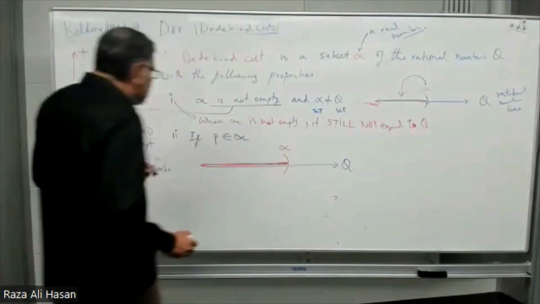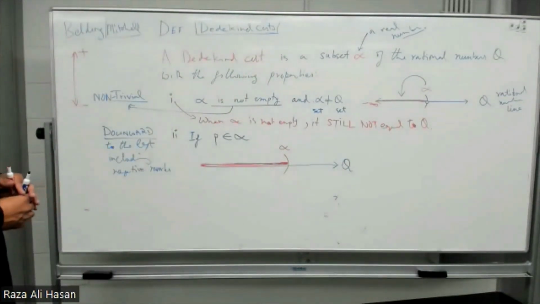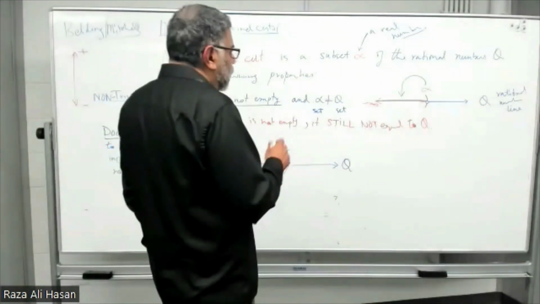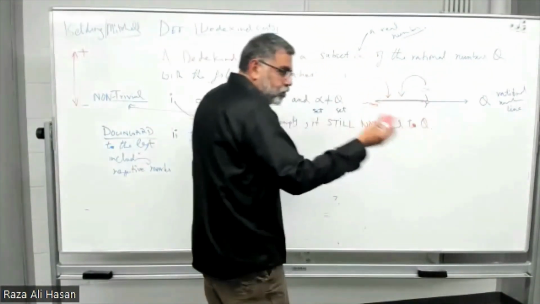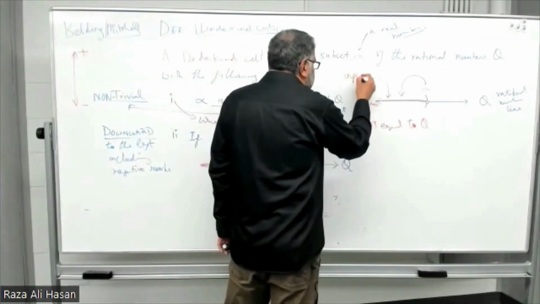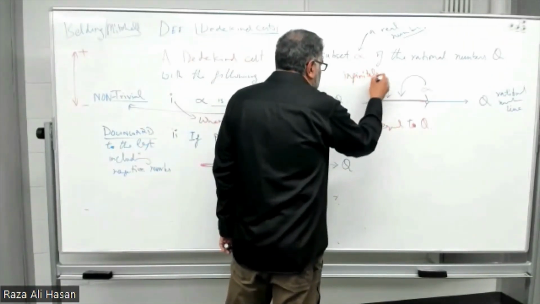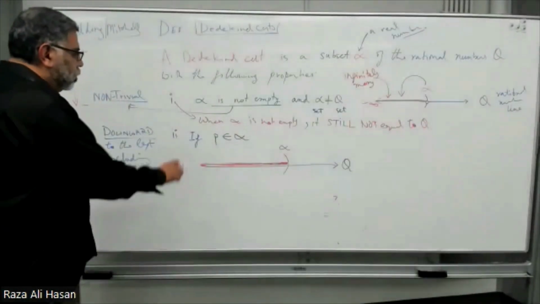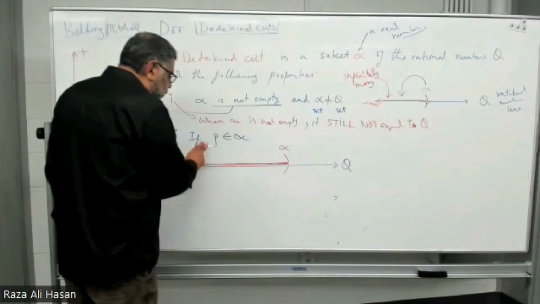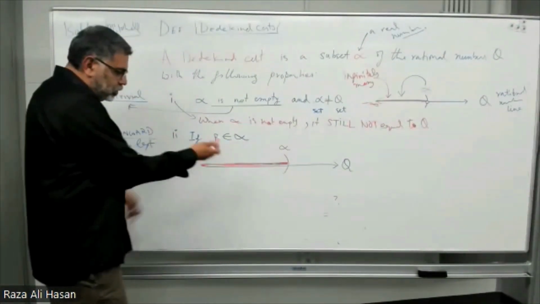It says if P belongs to alpha, and I just want to point out something we were talking about earlier: there are infinitely many. Now, if there's a P, let's put the P in.